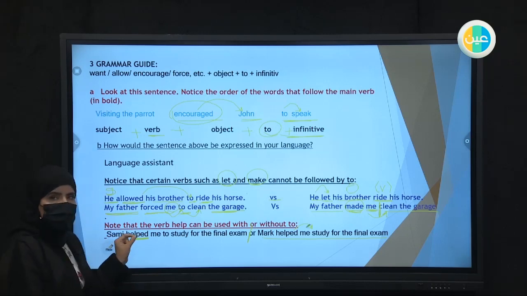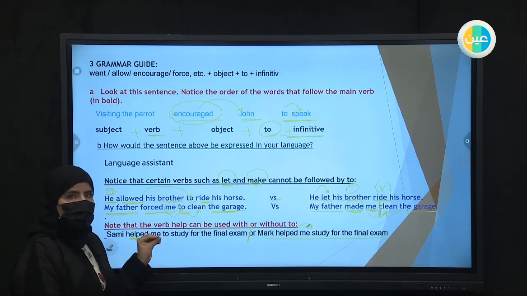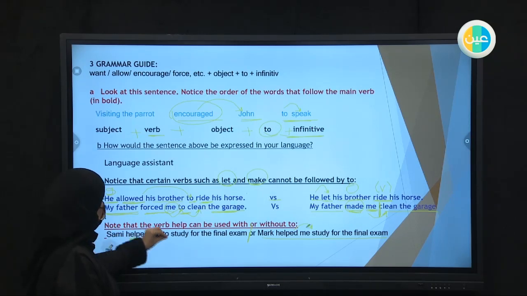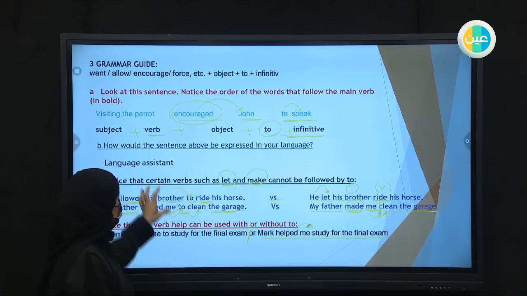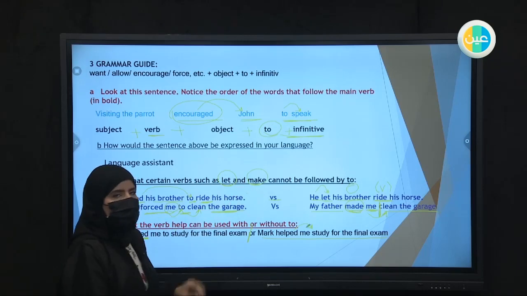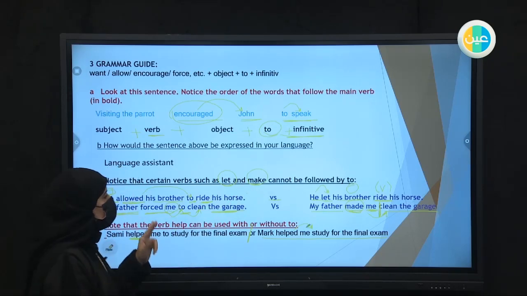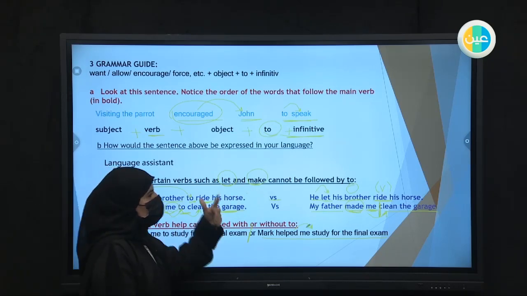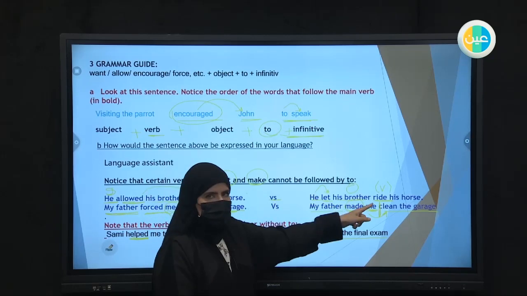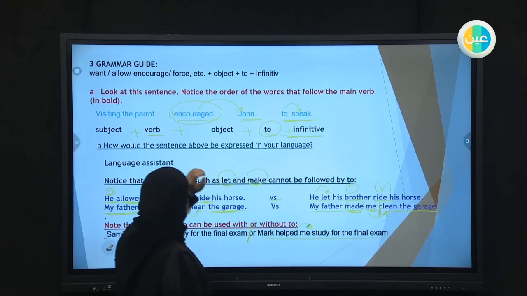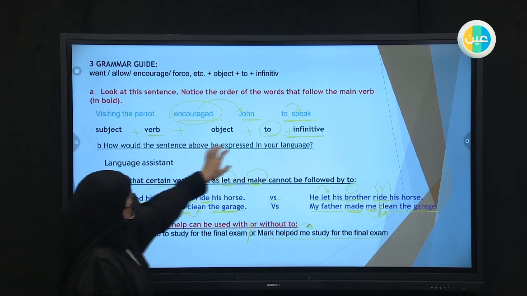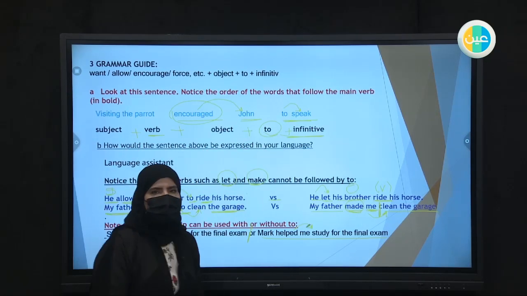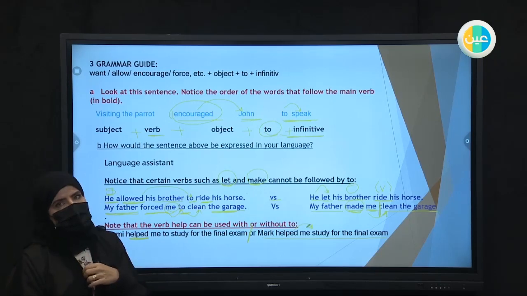Help is one of the verbs that we can use with to or without to. What about let and make? Let and make are the two verbs that cannot be followed with to. And here we have encourage, want, allow, force. We have to put to after them, followed with the verb in infinitive.